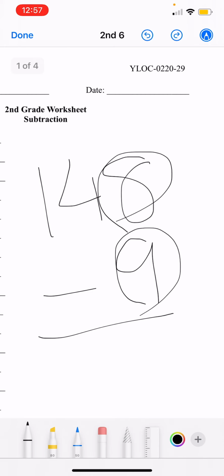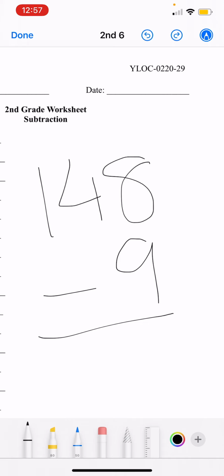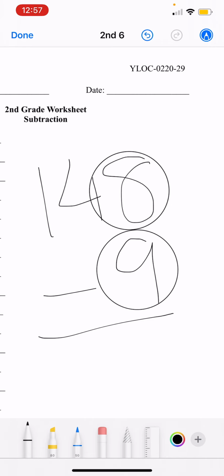Do you think we can subtract straight down? The answer is no. We can't subtract straight down. The reason for that is because 8 is a number less than 9. Now, you see, when you have a number that is less on top of a greater number, you can't subtract straight down. That is the rule in subtraction.